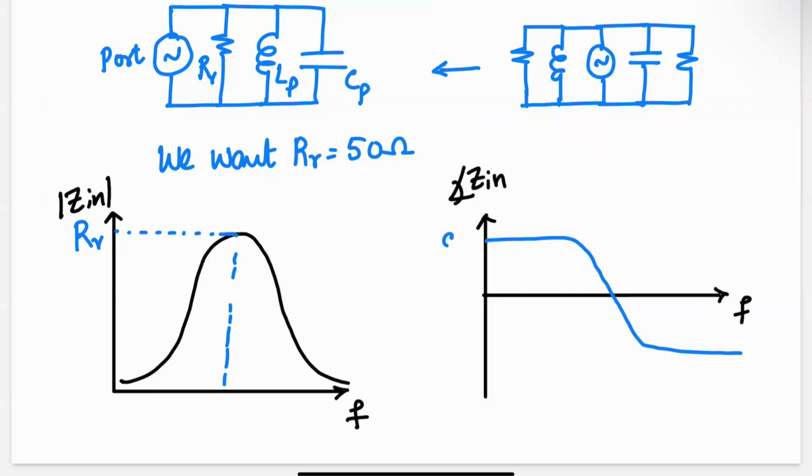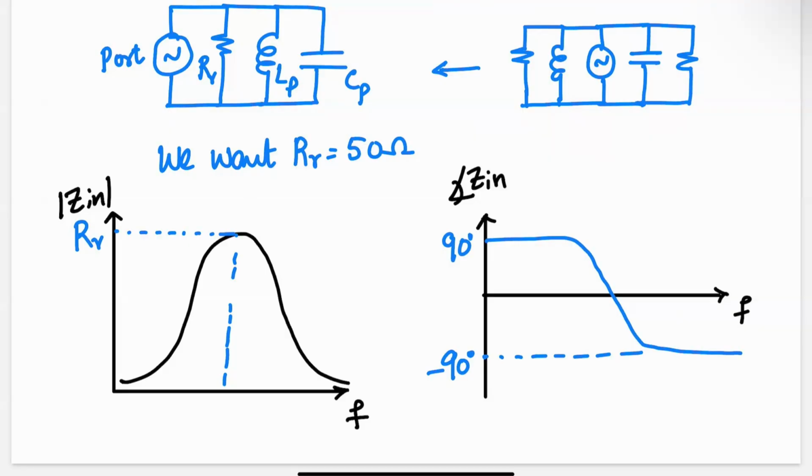We know this is the case because at very low frequencies, it's purely inductive. Capacitance becomes an open circuit, and at very high frequencies, it's purely capacitive because the inductor becomes an open circuit. And that's the parallel RLC model. We go from plus 90 to minus 90.